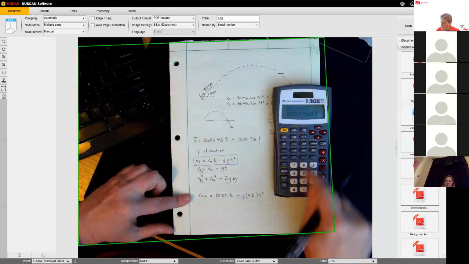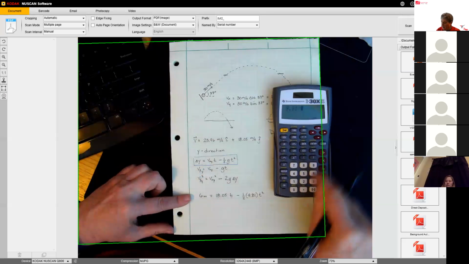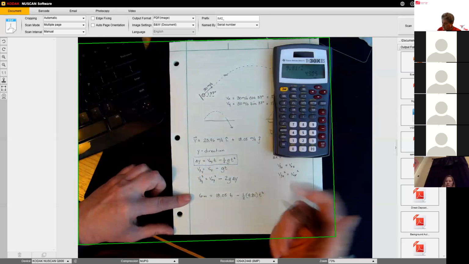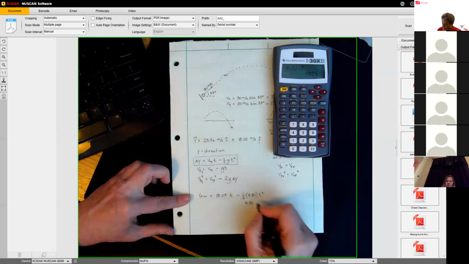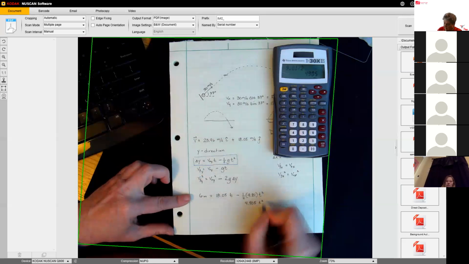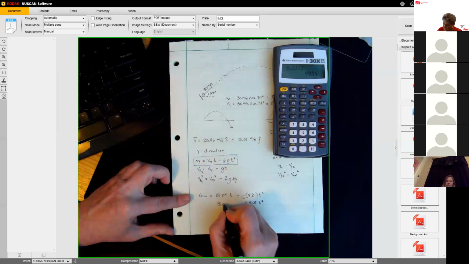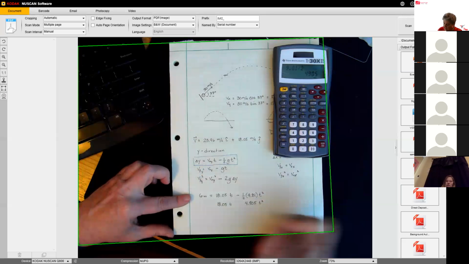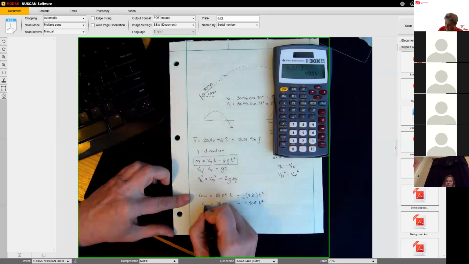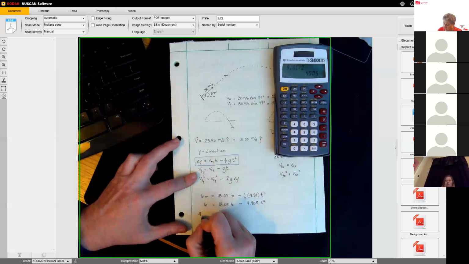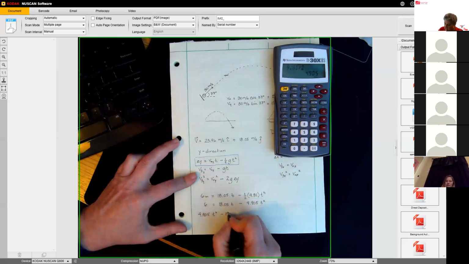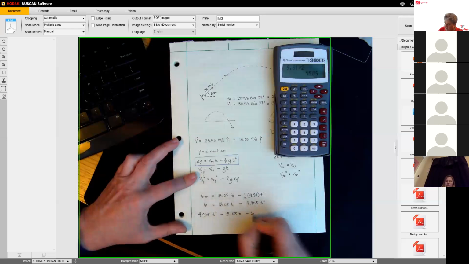And if I do my 9.81 divided by 2, this is going to give me my 4.905 times time squared. This is 18.05 times time, and that's minus, is equal to 6. I'm going to rewrite this so I have 4.905 times t squared minus 18.05 t minus 6 is equal to 0.